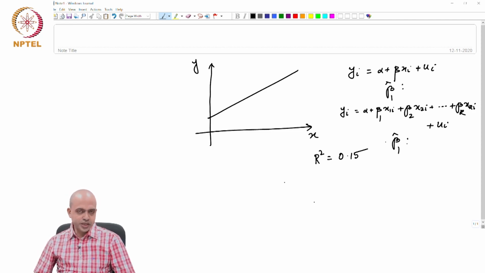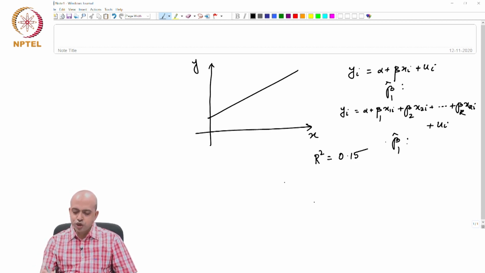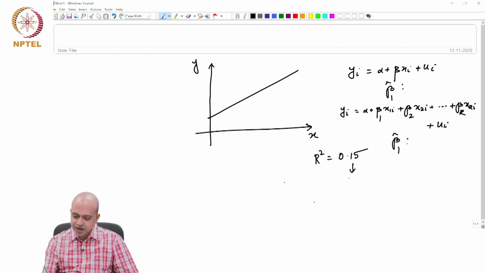Now, if somebody asks you, is it a good measure or a bad measure? Always you have to keep in mind that this value is giving you only a mathematical value. That means by one value we do not really know whether the 15% that we are going to explain is a sufficient amount or not. So, we need to know whether this is a statistically significant value.